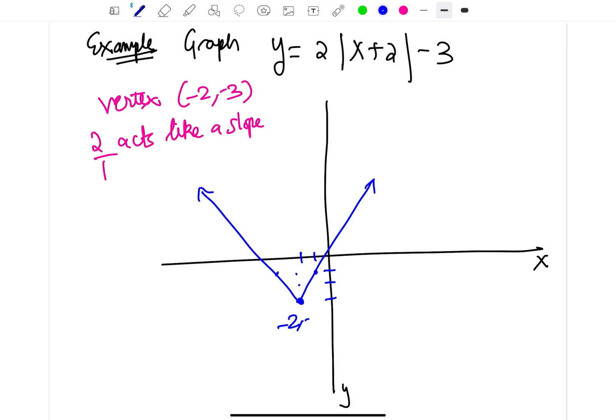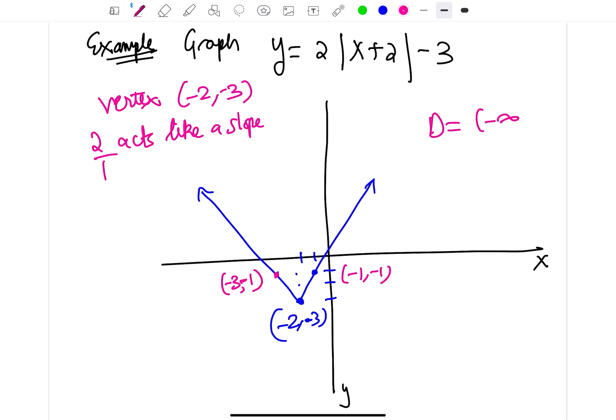I'm going to mark all the important points and label them on the graph: (-2, -3), and this point would be (-1, -1), and on the other side the y value would still be -1, x would be -3, so (-3, -1). So that's the graph of this given function.